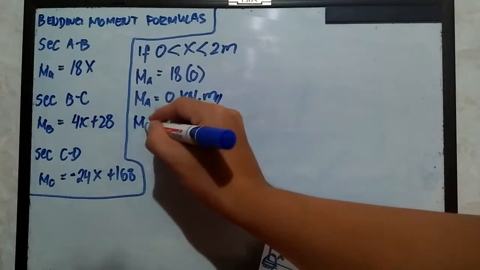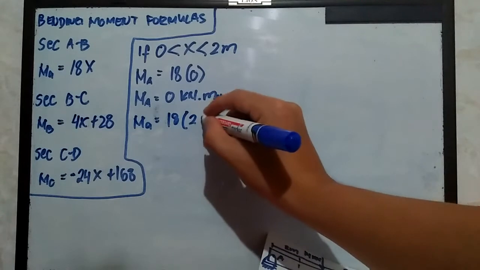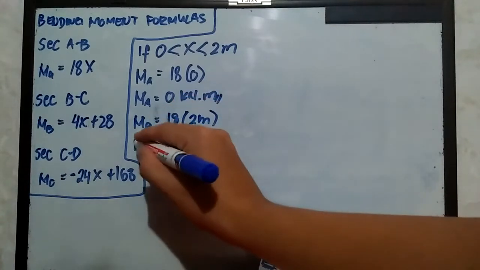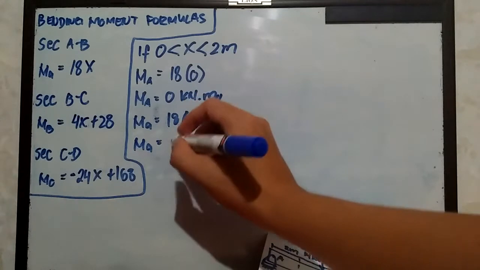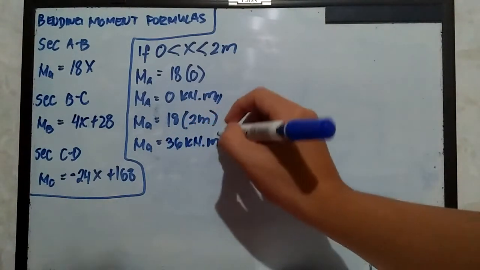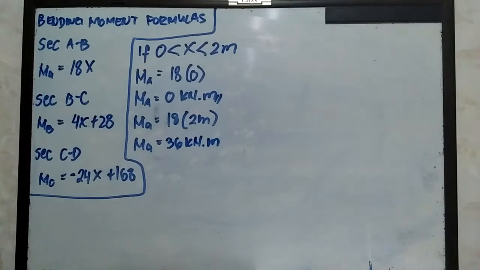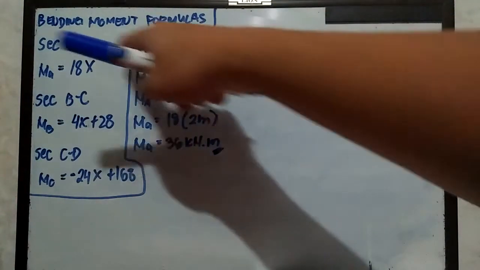So M sub A is equal to 18 multiplied by 2 meters, which is 36 kilonewton meter. So this is the unit for the bending moment. Okay, so this is for section A-B.